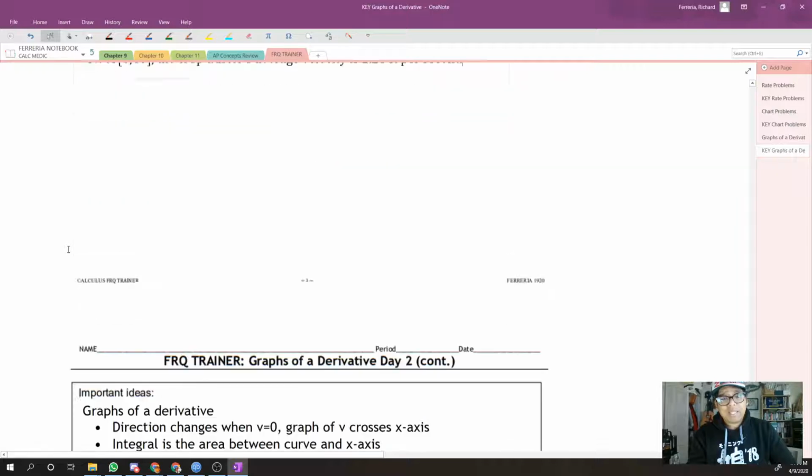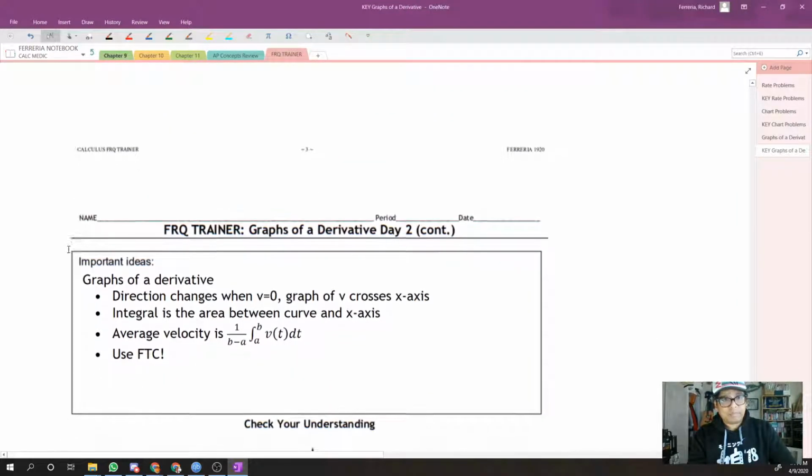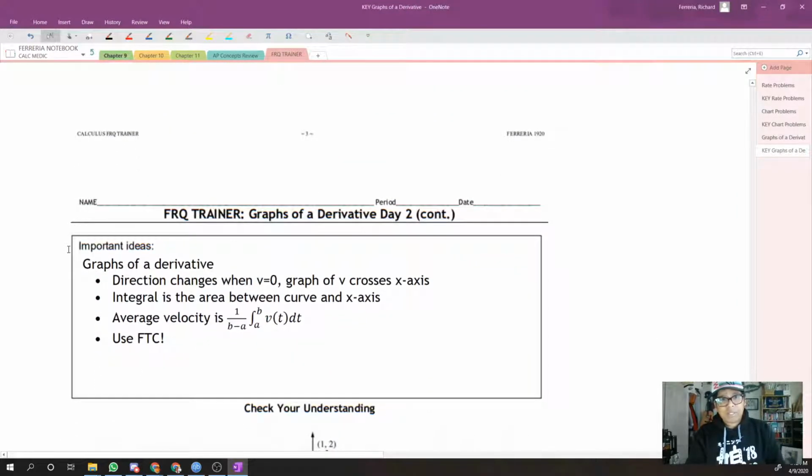That brings us to graphs of a derivative. You can pause it here if you want to copy this down. But when you have the graphs of a derivative, you will have a direction change whenever the velocity is equal to 0. For most of these charts, that means when the velocity crosses the x-axis.